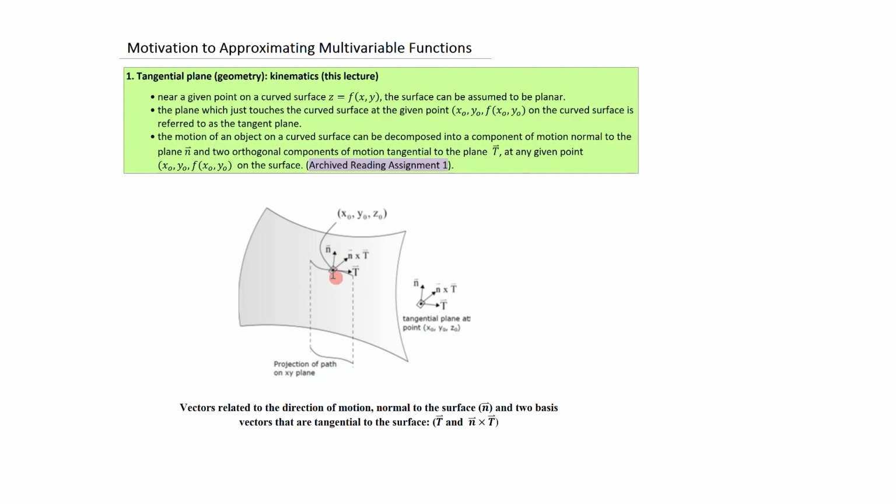We can obtain the third orthogonal vector by taking the cross product between the normal vector and the unit tangent vector, as shown there. This is what you would do at each point on the surface, and you would end up deriving a set of differential equations describing the motion of an object on a curved surface.